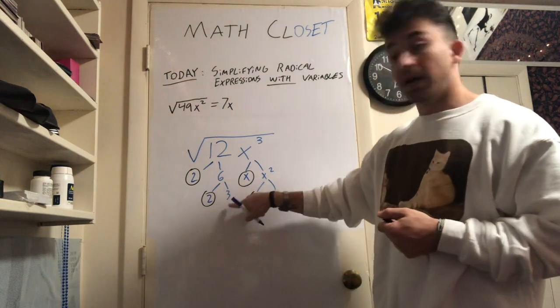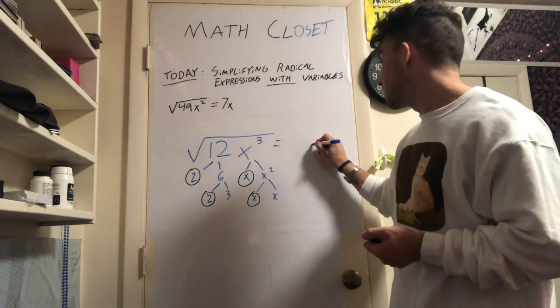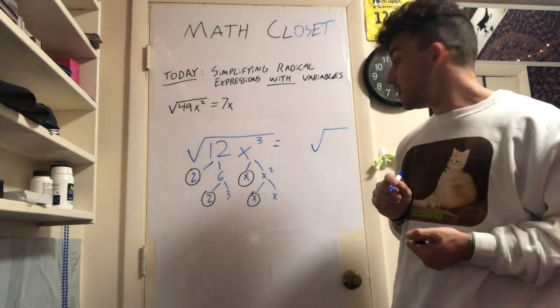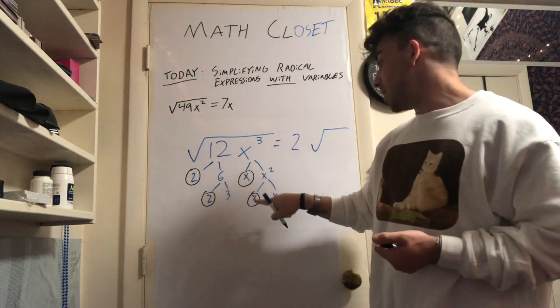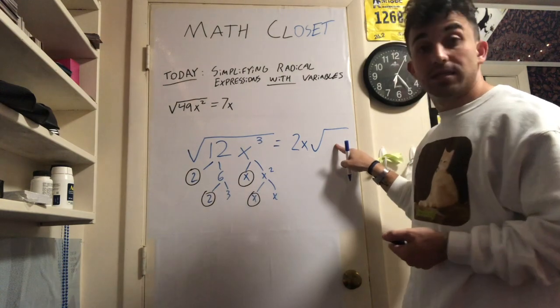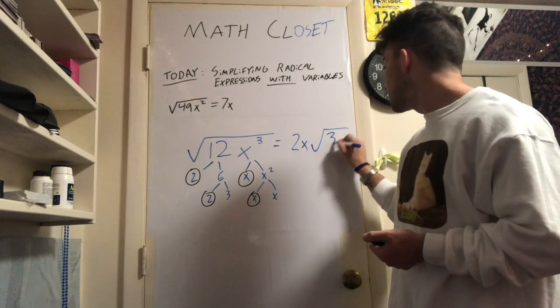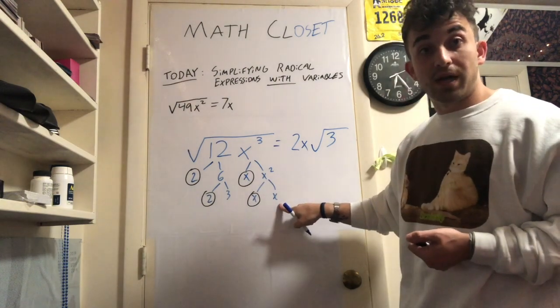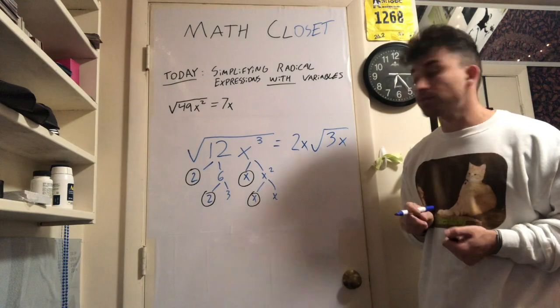But knowing that I do have some left over, my simplified form is still going to have a radical sign in it. I pulled a 2 out, so that can come out here, and I pulled an x out, so that can come out here. But what has to stay inside is that 3 that didn't have a pair. So 3 is still in there, and there's still one x left over, and that's got to stay in there as well.